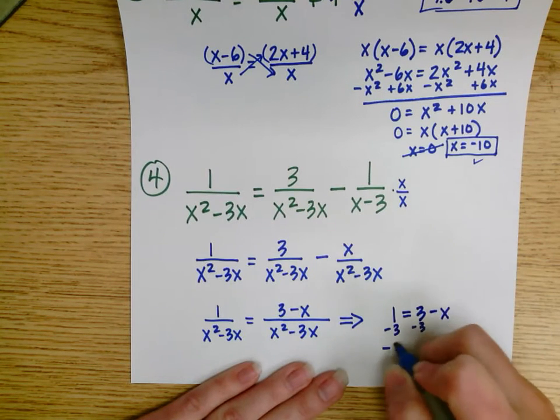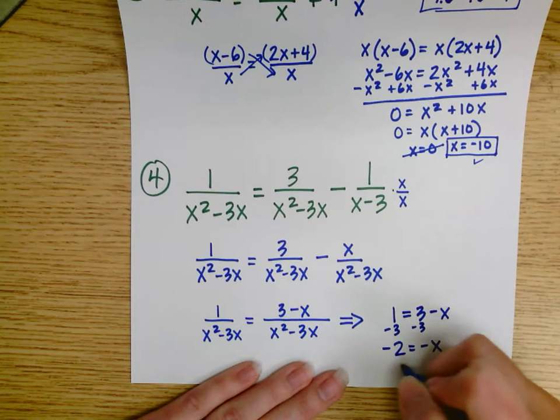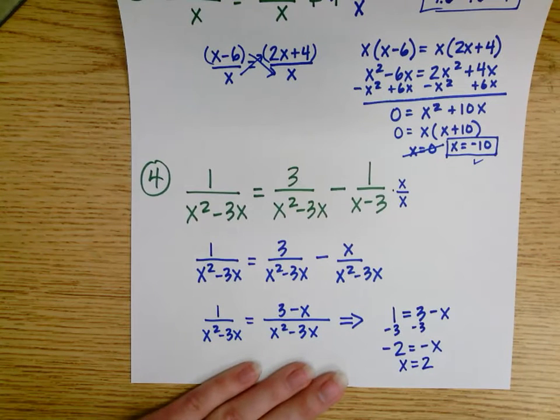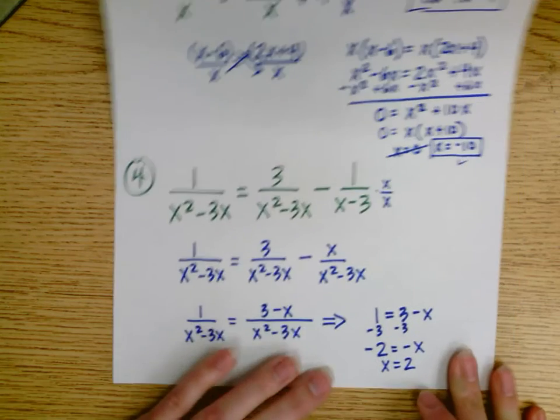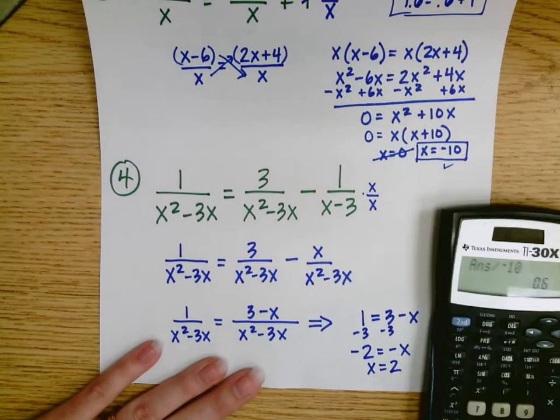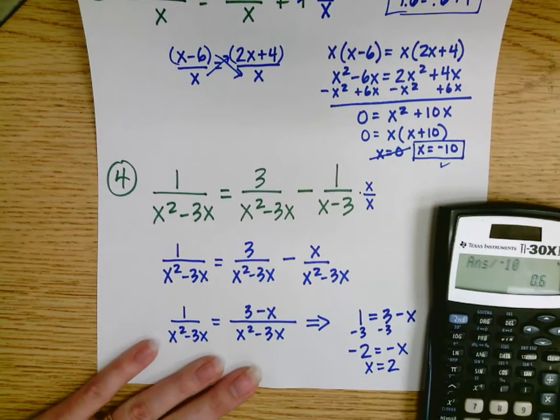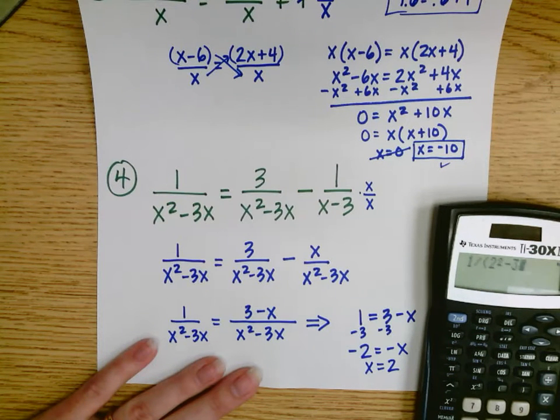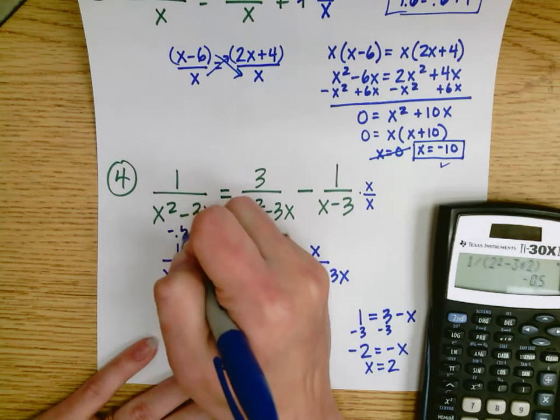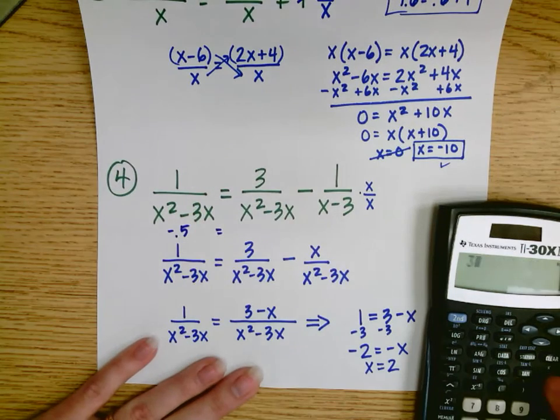So negative 2 equals negative x, so that means that x equals 2. So we can check it in case you don't believe me. Let's see. We've got 1 over 2 squared minus 3 times 2. So that's going to be negative 0.5. 3 over 2 squared minus 3 times 2.